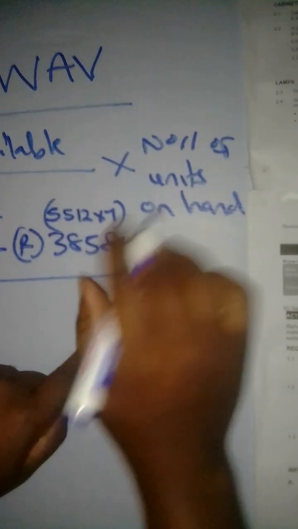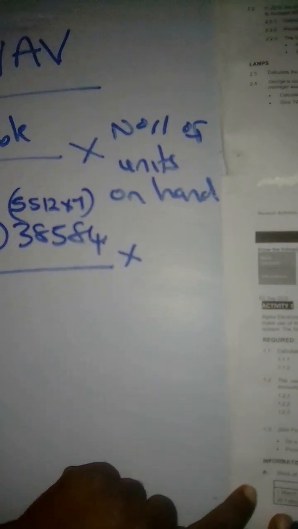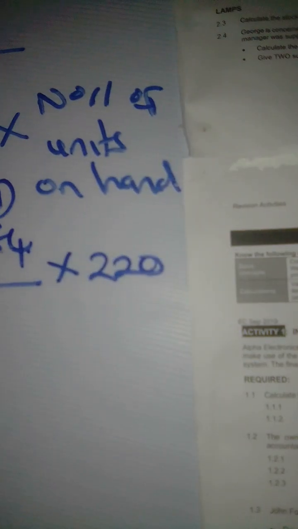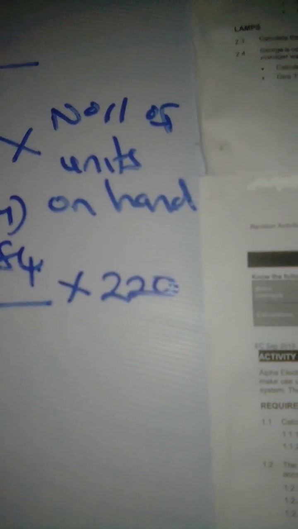Remember, in the end, we're going to multiply by the units on hand. We go back to information A: on 28 February 2019, 220 units. Whatever amount we get, we are going to divide by the units first.